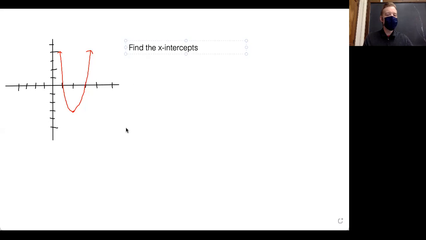And so all we are finding is the 2 points where our red parabola crosses the x-axis. Remember, the x-axis is the line that's going side to side. The y-axis is the line that's going up and down. So we need these 2 points right here.